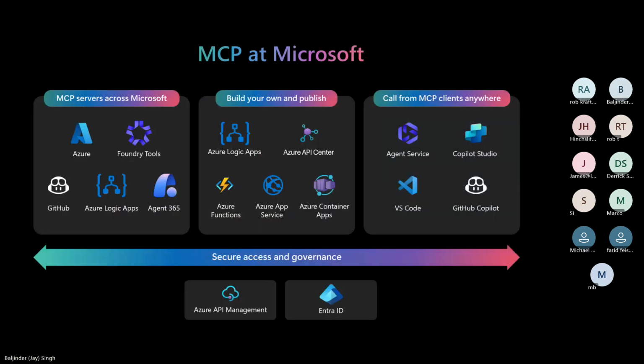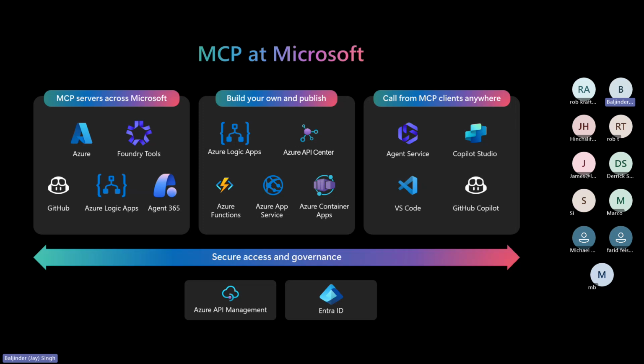All right. So far we've talked about MCP at a high level and its core building blocks. Now I would like to talk about how MCP is being implemented at Microsoft. Within Microsoft, MCP is deeply integrated across platforms. It came into being more than a year ago, but within the last year, Microsoft has added MCP integrations into all of its tools in a big way.